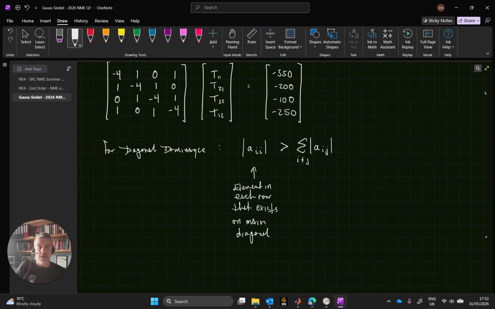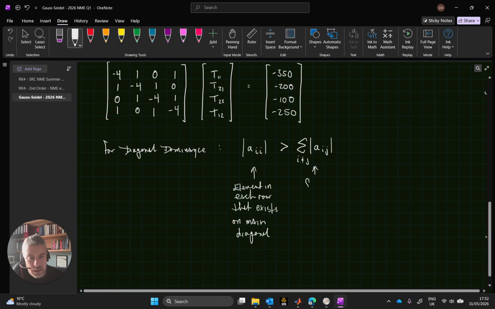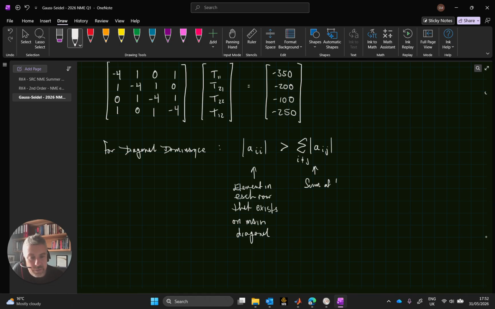And this one here is the sum of the elements on each row not including the element on the main diagonal.